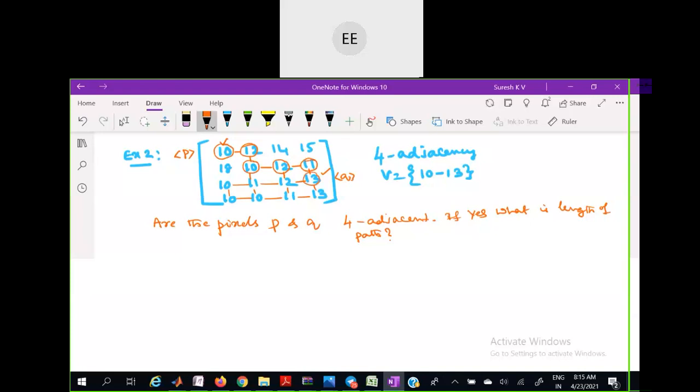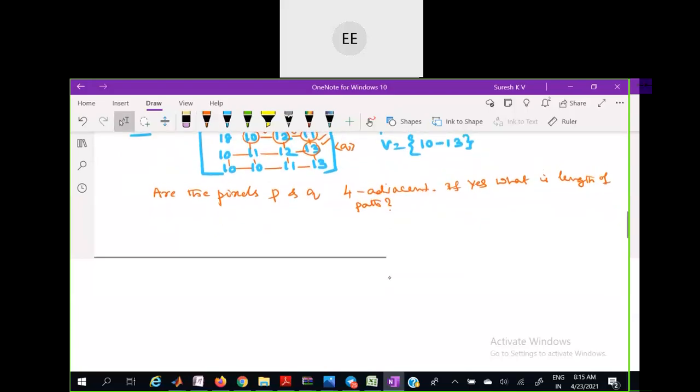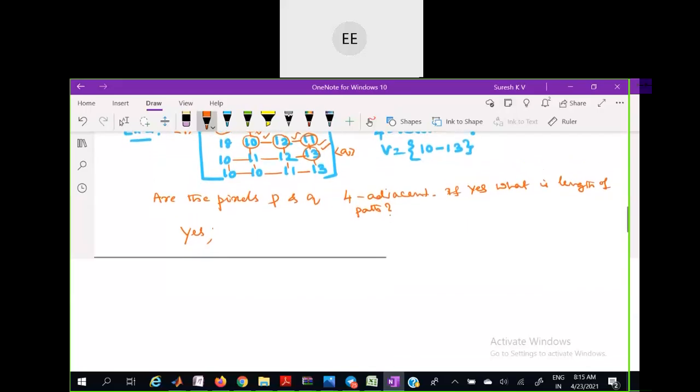The length of the path is one unit, one unit, one unit, one unit, and one unit here. So it is 1, 2, 3, 4, 5. So the answer for this question is yes, and the length is how much? What is the length? 5. Yeah, 5.